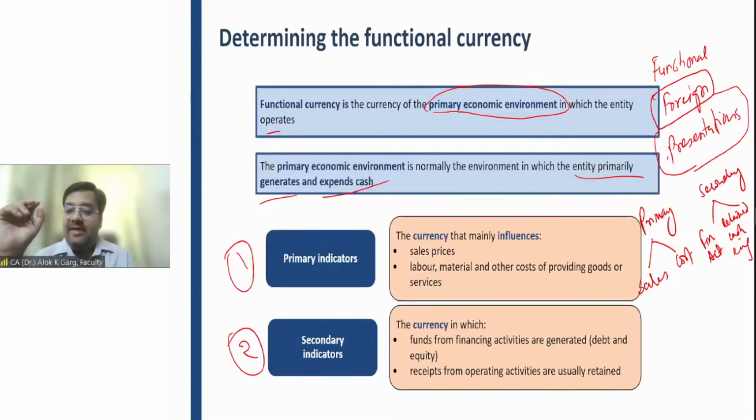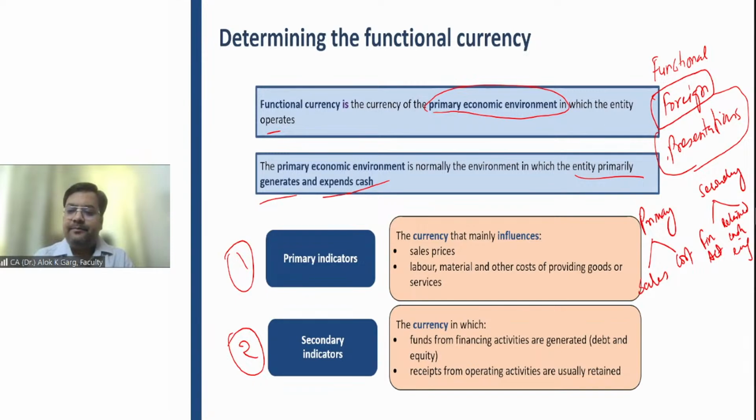Okay, is that clear? If the currency in which prices are influenced is not clear, in that case, you just need to look at in which currency it is denominated, right? Then secondary indicators will be, once you have got the primary indicators, then you have to look at the secondary indicators as well to conclude on the functional currency.